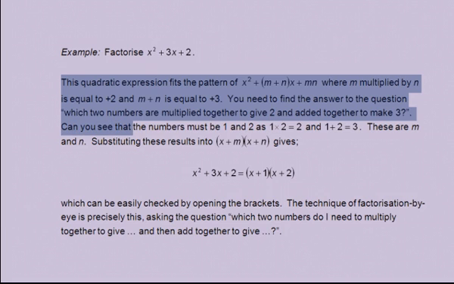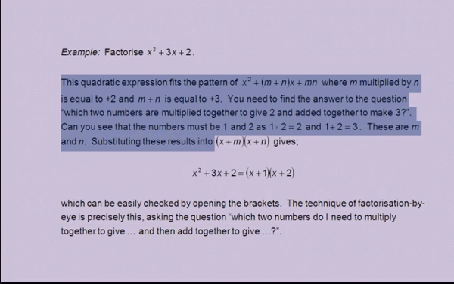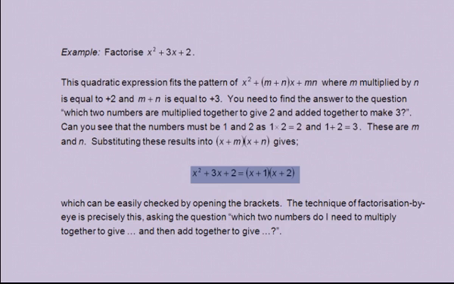Can you see that the numbers must be 1 and 2, as 1 times 2 is 2 and 1 add 2 is 3. These are m and n. Substituting these results into x plus m times x plus n gives x squared plus 3x plus 2 equals x plus 1 times x plus 2, which can be easily checked by opening the brackets.